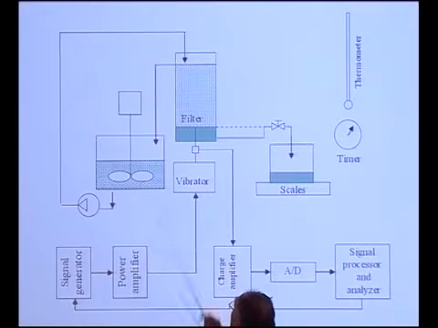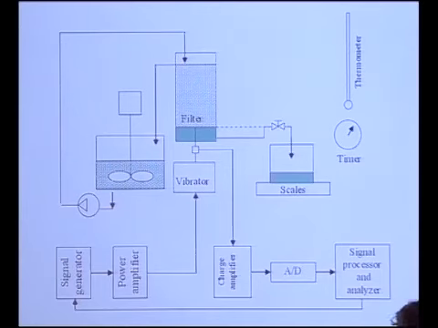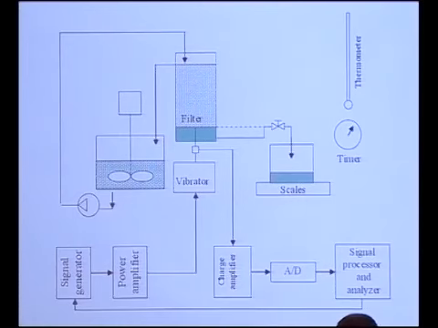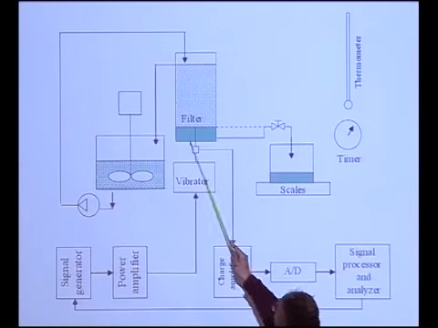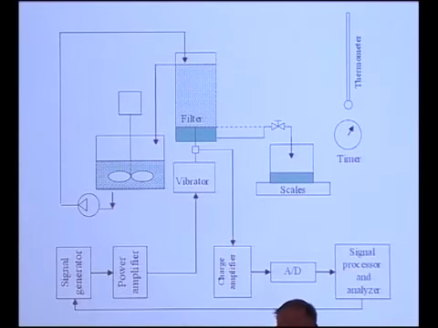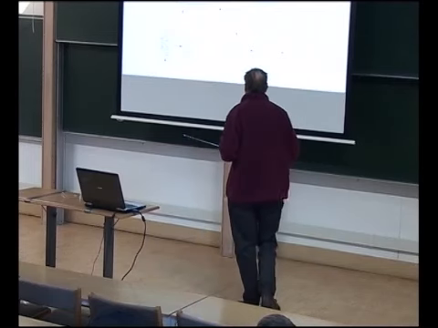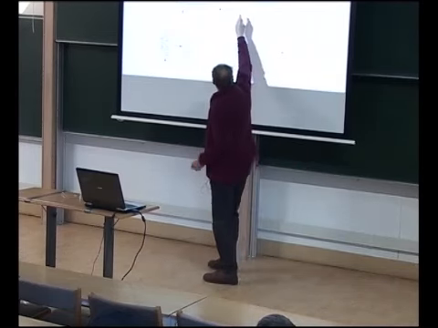Here is an apparatus as designed by chemical engineers at Loughborough University. Essentially, there is a cylinder here, and the cylinder is filled with a slurry. At the bottom of the cylinder is a so-called septum.